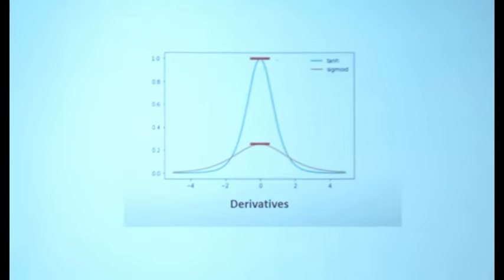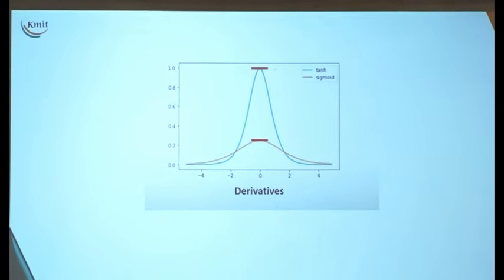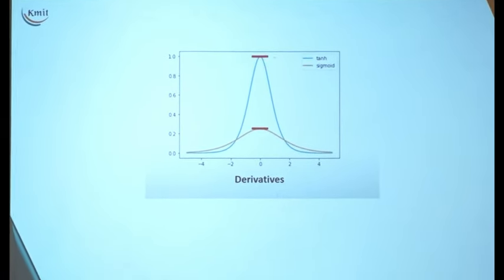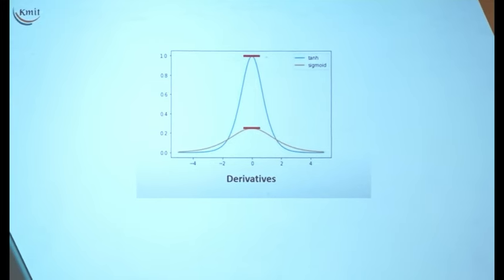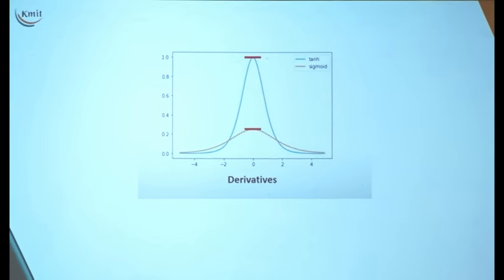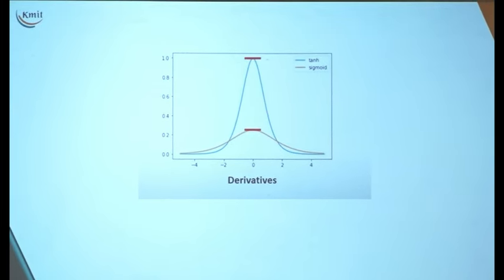What is the problem with this tanh function? When you do backpropagation and calculate the derivatives, as you can see in the figure, for tanh and sigmoid the derivative values are more deviated. So with this we have the vanishing gradient problem.